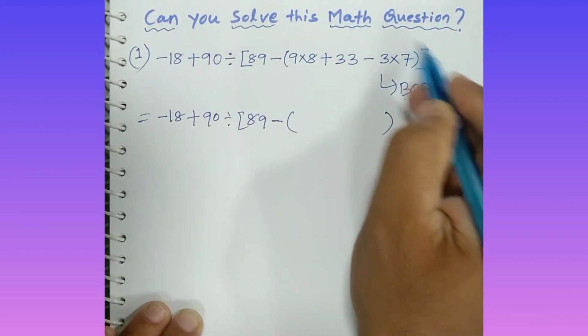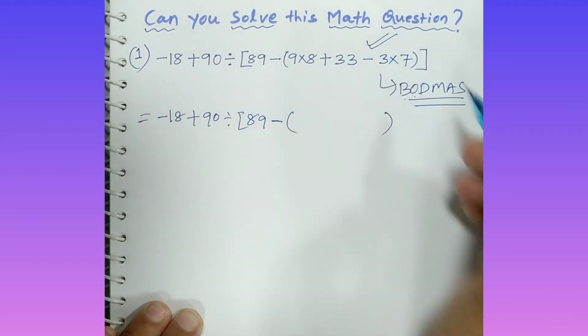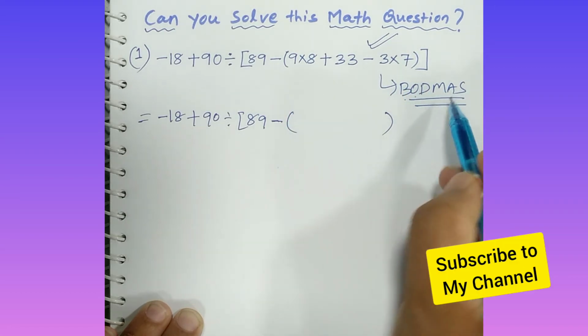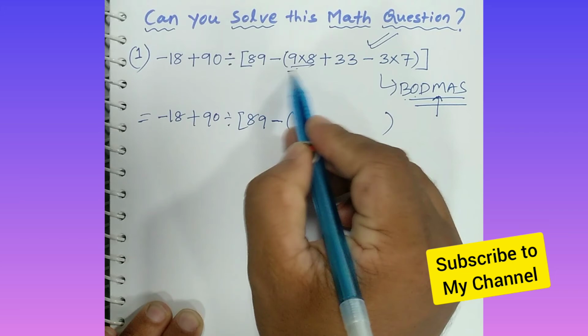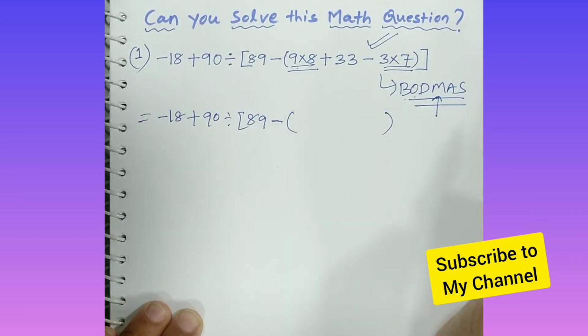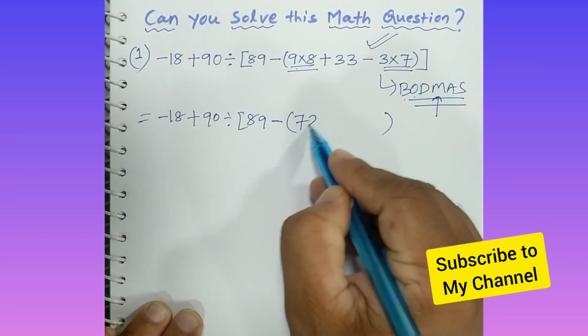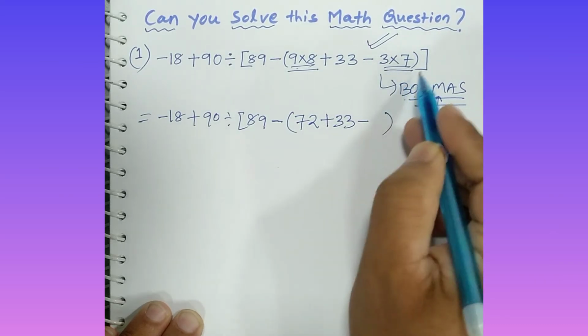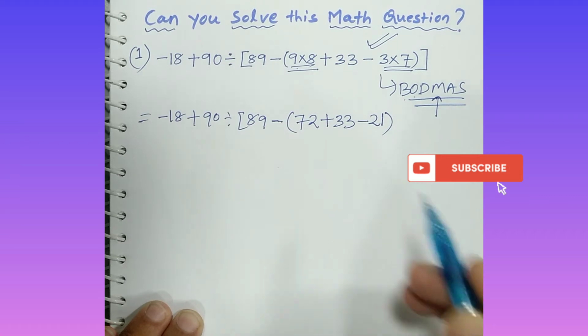The inside of the bracket you have to simplify first. Inside the bracket, do the multiplications first. So it will be 72 plus 33 minus 21.